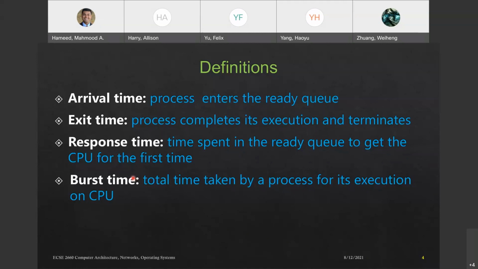The wait times are bigger. So those are happening in bursts. What is a burst time? Burst time is the total time taken for a process for its execution on the CPU. So all the time a process spends in the running state for the first time plus the second time plus all the times, all the time it is using the CPU resource is going to be in the burst time.